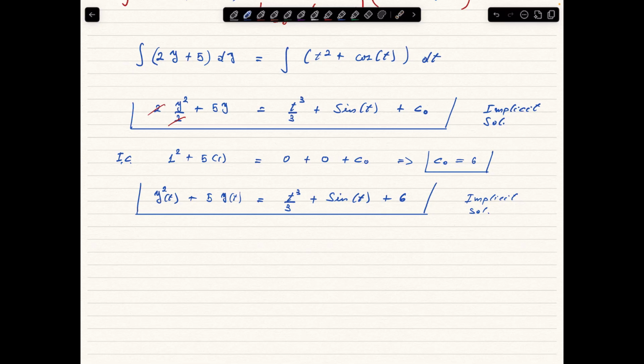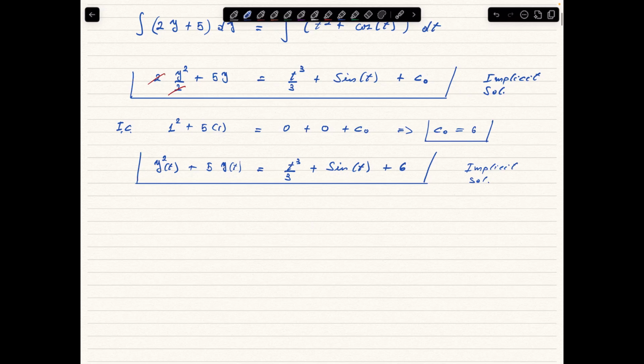How do we solve for y when we have a quadratic equation like this? Well, let's put this term on the other side with the opposite sign. So we have y squared plus 5y minus the whole thing, t cubed over 3 plus sine of t plus 6, all with a minus sign in front, equals 0.